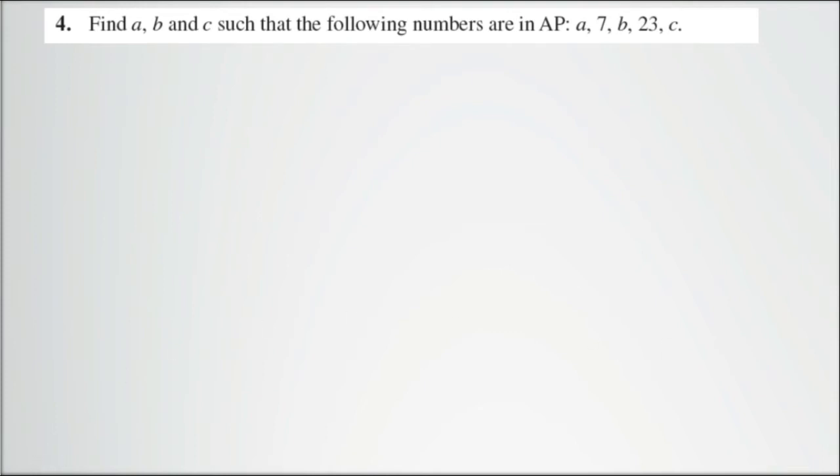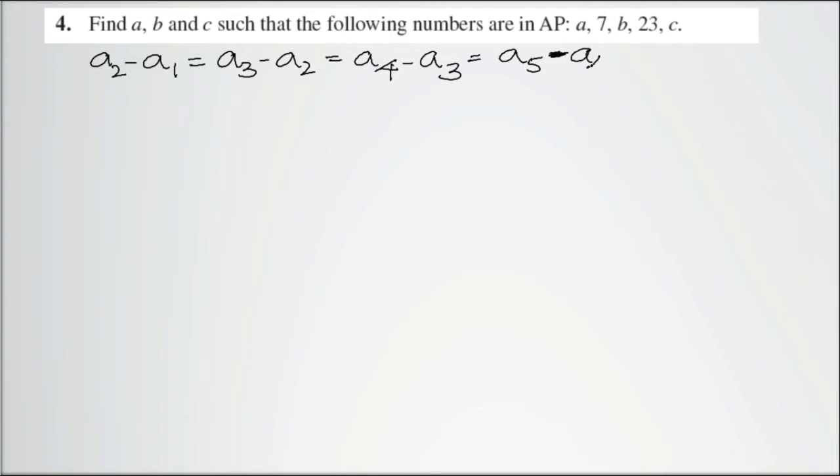Since the numbers are in arithmetic progression, I can use the relation that they will be having the same common difference. Suppose if I find A2 minus A1, this will be equal to A3 minus A2. This will also be equal to A4 minus A3, which will be equal to A5 minus A4. With this concept, we would like to solve this question.